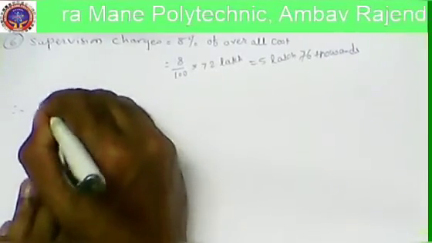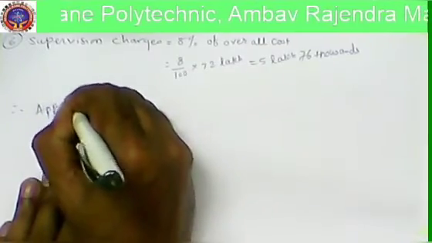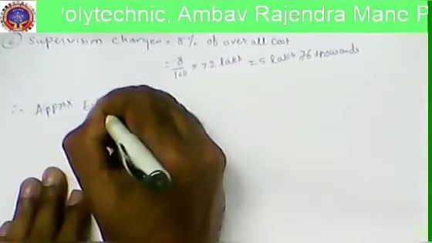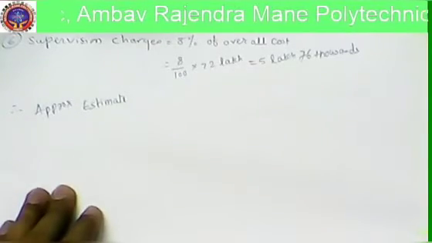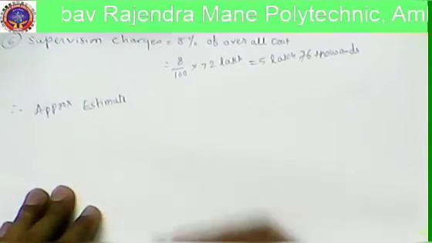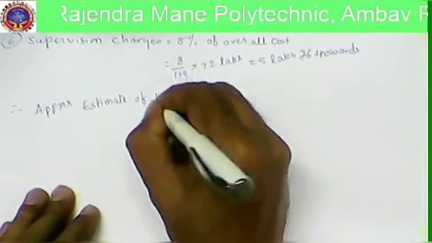Prepare an approximate estimate of a town hall having plinth area equal to 1,500 square meter.